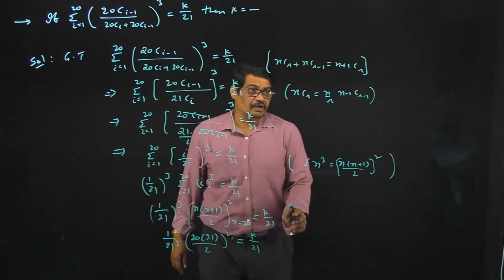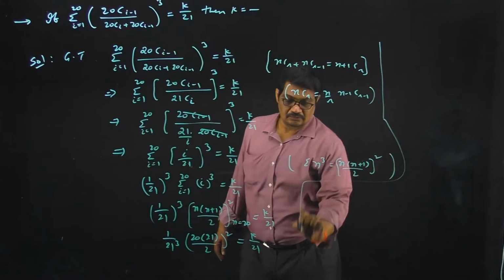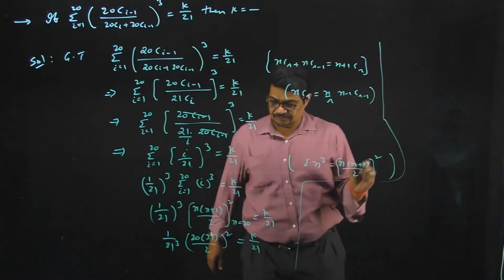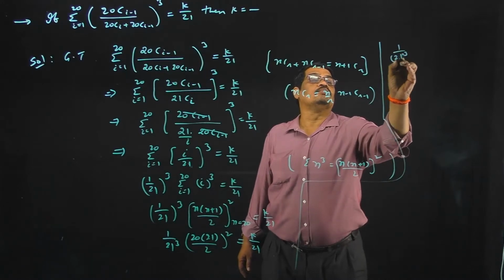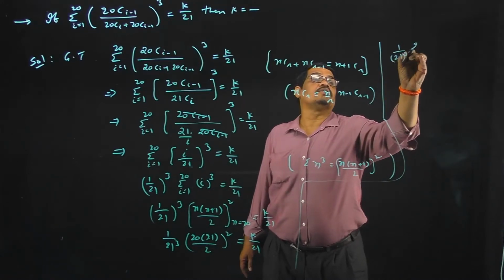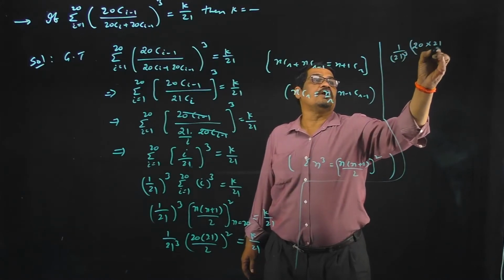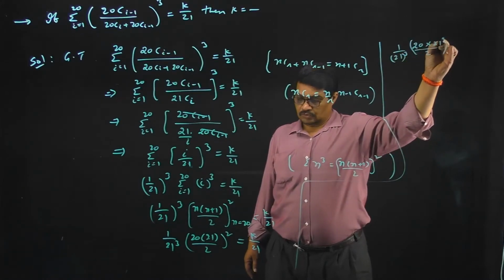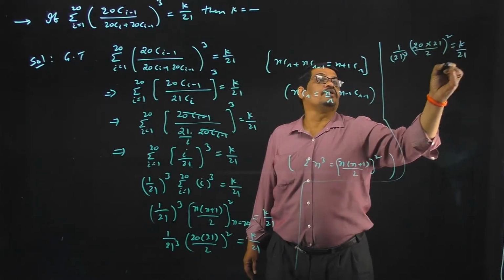Now this is 1 by 21 cube into 20 into 21 by 2 whole square, equal to k by 21.